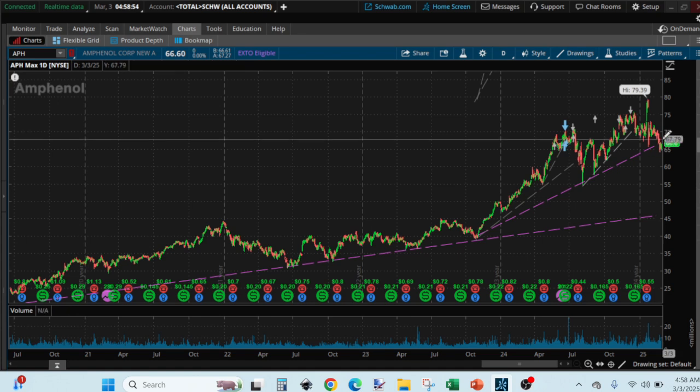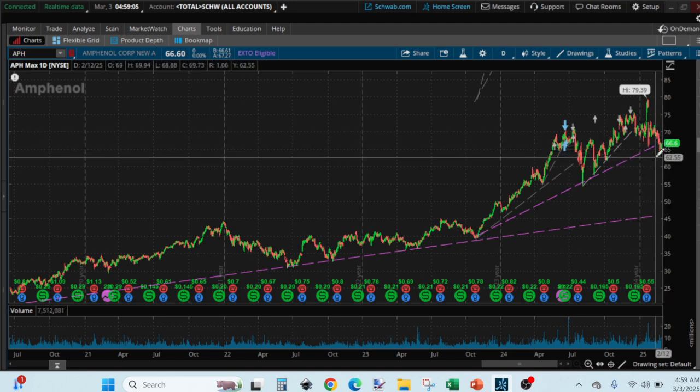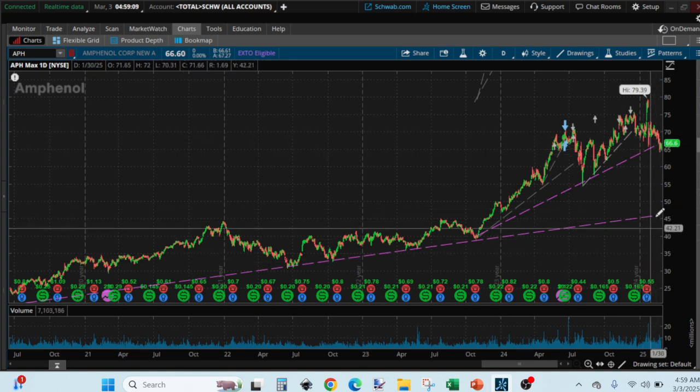So if today is a green bar, we can decide to buy some and see how it plays out, if that was an early entry or if that was a good entry.